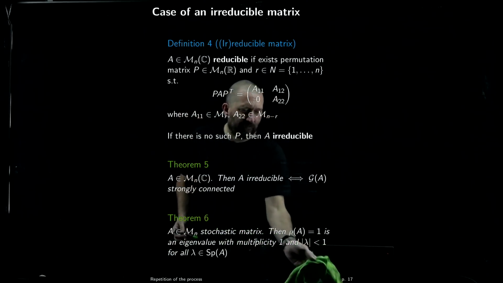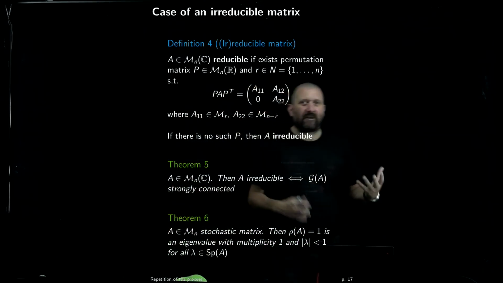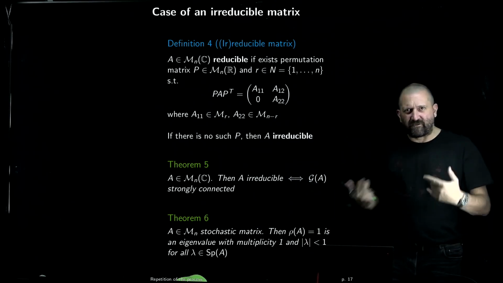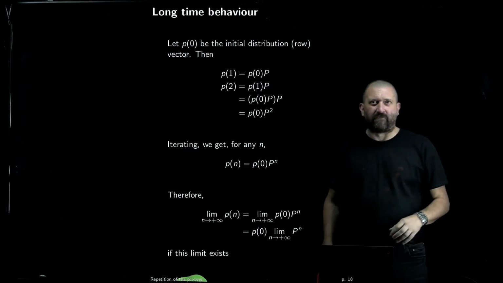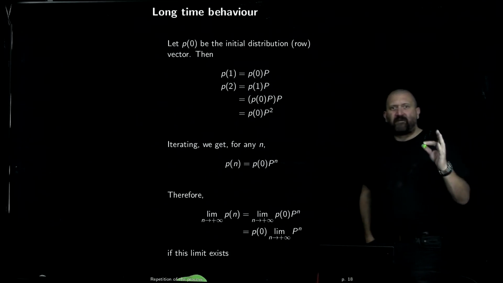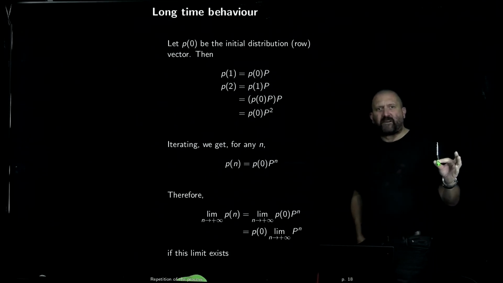So that's it. If you look at the digraph associated to a matrix, you can say whether it's irreducible or not. Now let's go back to the Markov chain.